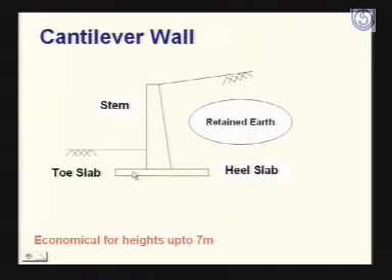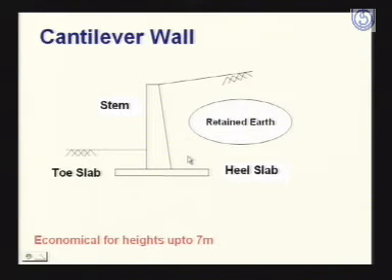This toe slab acts as a cantilever under the soil pressure, which is in the upward direction. This is the heel slab, and this acts as a cantilever under the weight of the retained material, which is in the downward direction.